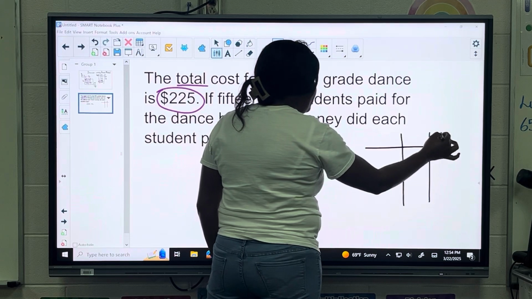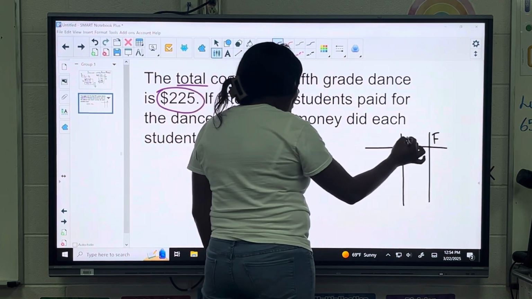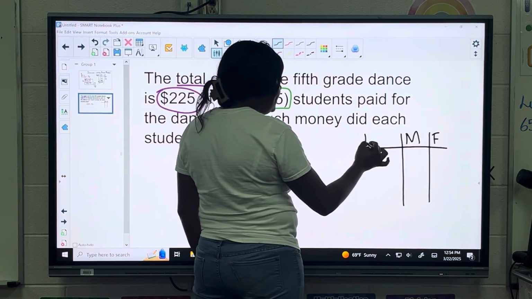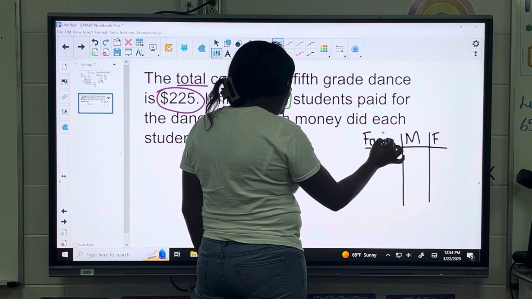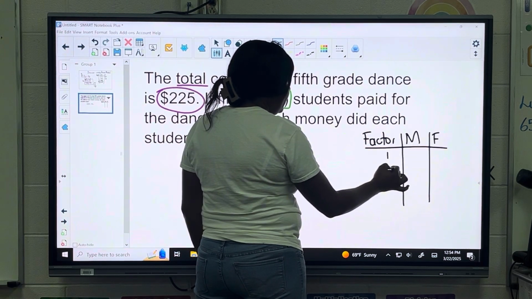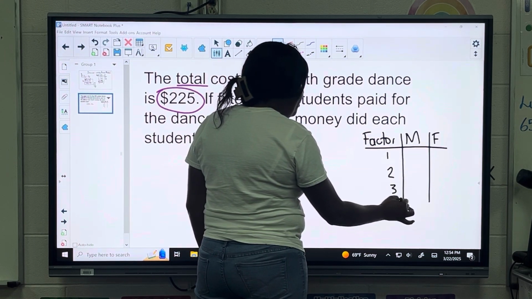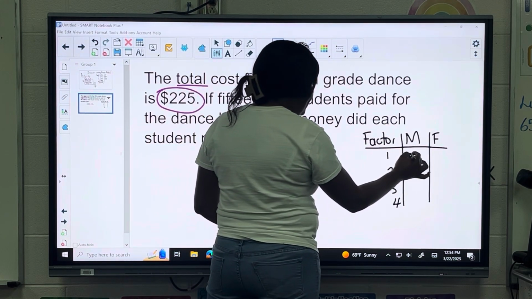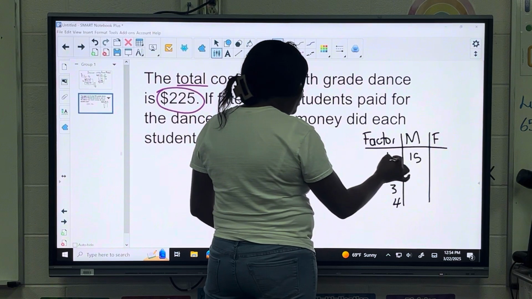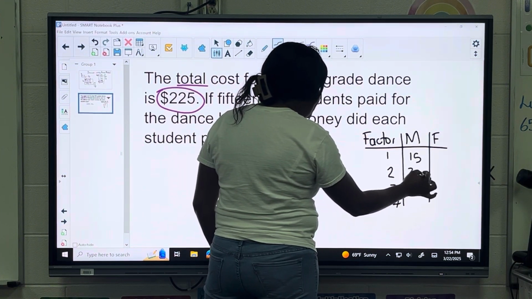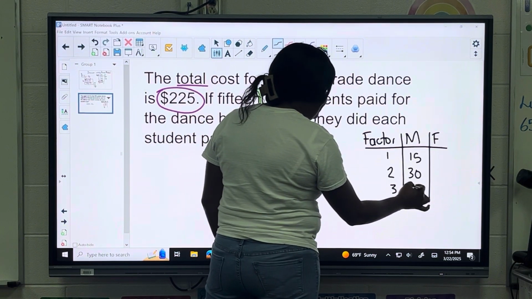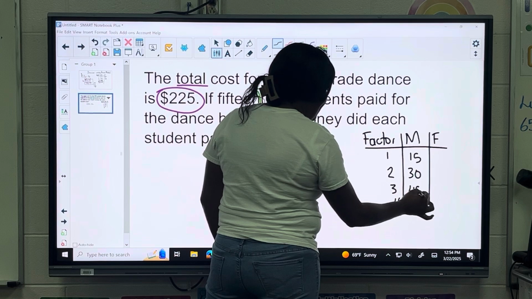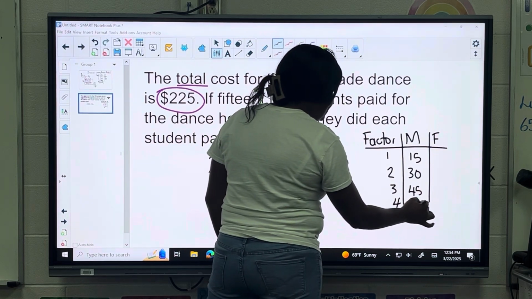So I'm going to draw my table. Remember, F is for our friendly numbers, M is for our multiples and our factors, or counting factors. So 1, 2, 3, 4. Then 1 times 15 gives me 15. 2 times 15 gives me 30. 3 times 15 gives me 45. And 4 times 15 gives me 60.